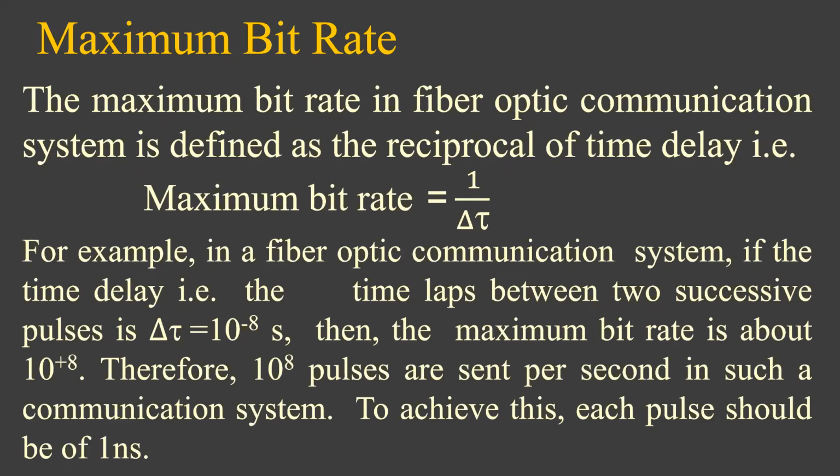And I will explain one more phenomenon, a small thing: the maximum bit rate. What is this maximum bit rate? The maximum bit rate in a fiber optic communication system is defined as the reciprocal of time delay. That is, maximum bit rate is equal to 1 by delta tau.